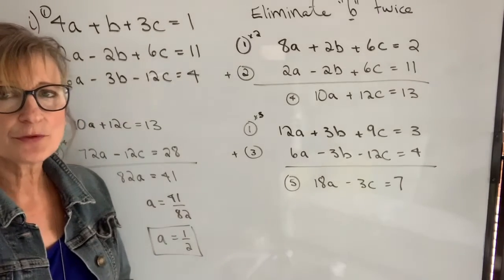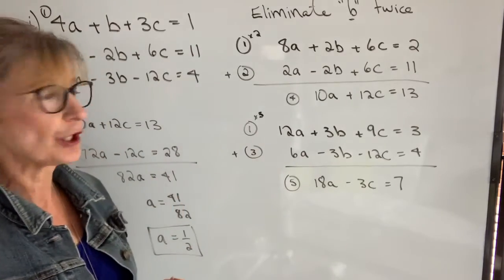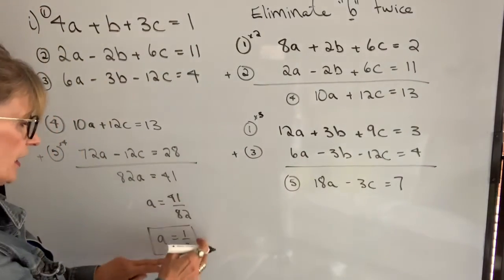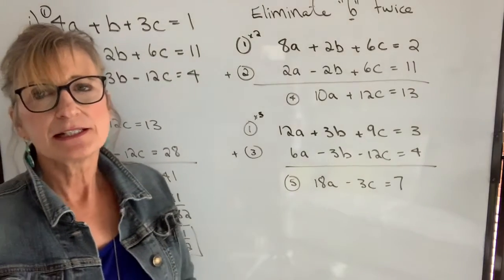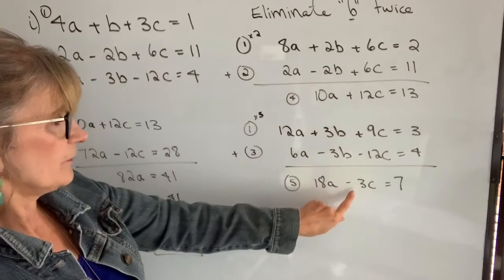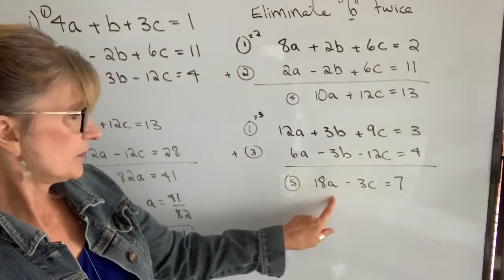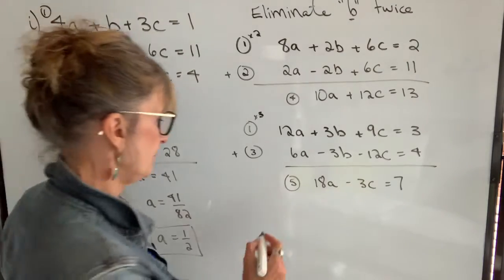I only have one of the 3 solutions, but what I do next will be easier than what I've done so far. So I have A equals 1/2. Let's go to either one of these equations and plug that value in so that I can find C. I'll just pick equation 5.